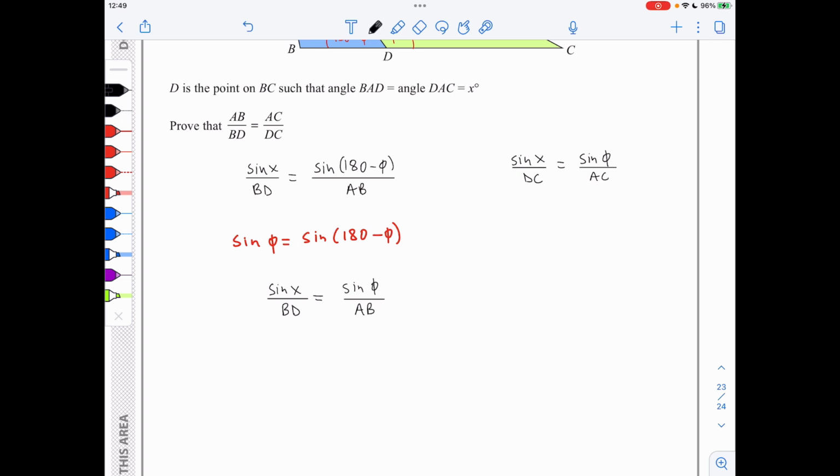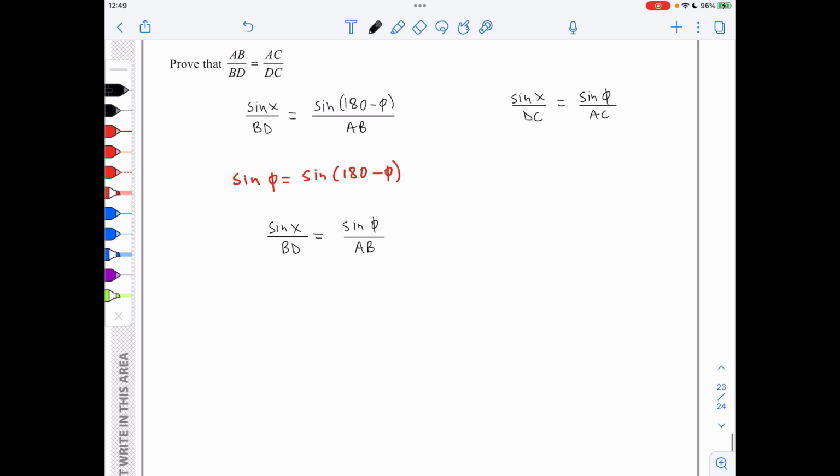So this means I could now say that AB sine x is BD sine phi, and therefore we get that AB over BD is sine phi over sine x.